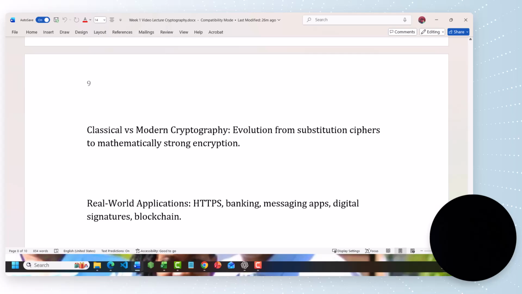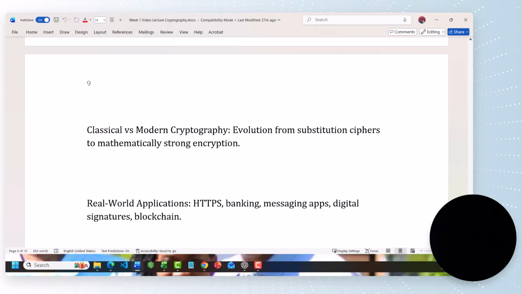You get the same results, but that's the comparison of classical and modern cryptography. You'll see there's a vast difference between what we're going to start out with and concentrate on this week, and the introduction to numerical modern day cryptography next week.